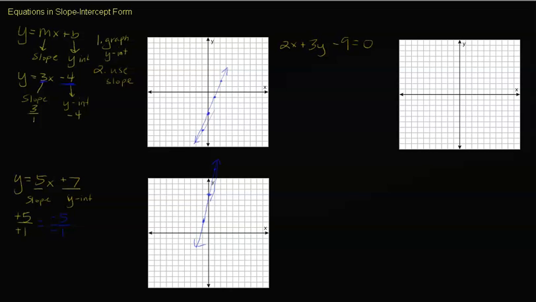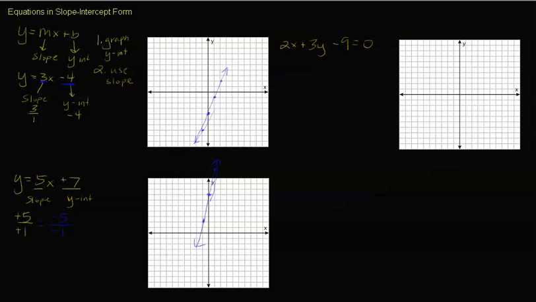Now we're going to have to use our algebra skills to rearrange so y equals mx plus b. So we need to get y by itself. This is why earlier in the year we had to learn how to get letters by themselves.